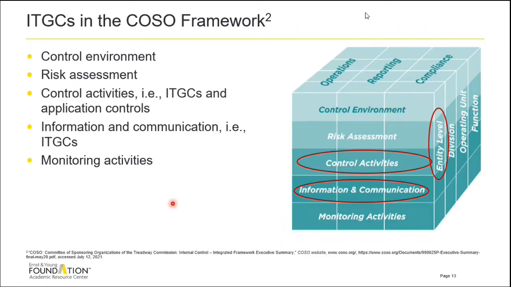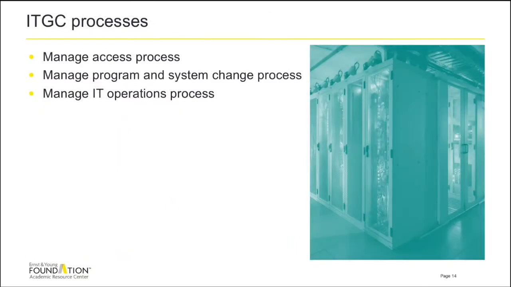So in the COSO framework, ITGC is in the control environment, risk assessment, control activities, information and communication, and monitoring activities. Okay. So technically, these are the three ITGC processes and three major classes of ITGC.